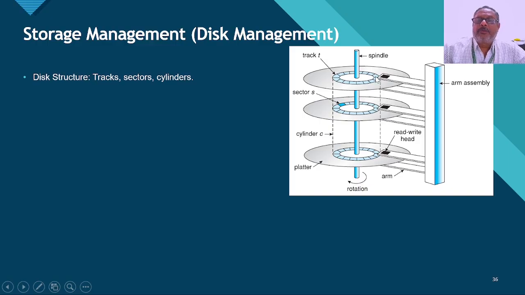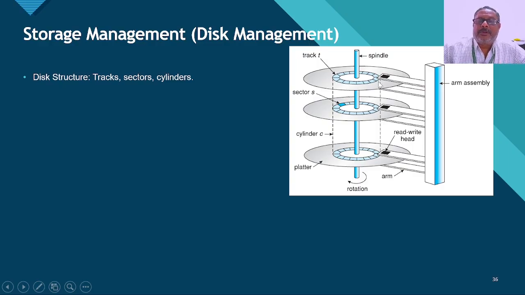To make sure that particular data is read, we must ensure which disk we are trying to look at, where our data is: on which disk, on which track, and which sector.